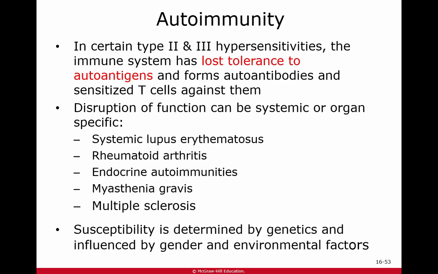And it can cause disruption systemically or specifically in organs. We're talking here about systemic lupus erythematosus, rheumatoid arthritis, myasthenia gravis, multiple sclerosis, and of course your genetics as well as your gender and environmental factors will influence this as well.